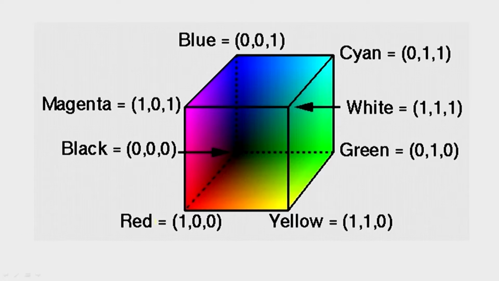On one corner of this cube I have the red color, and on another diagonally opposite corner I have blue color, and again diagonally opposite to these blue and red I have green color. So using this color space I can create a plane which can touch all these 3 primary colors, that is red, green and blue.